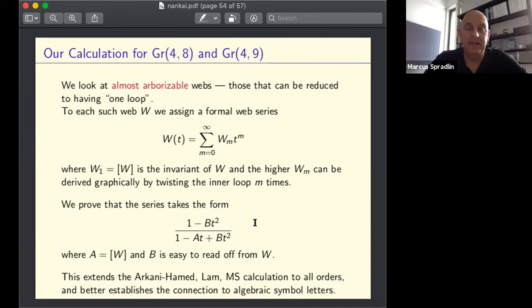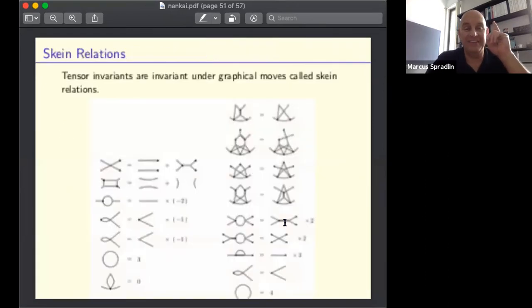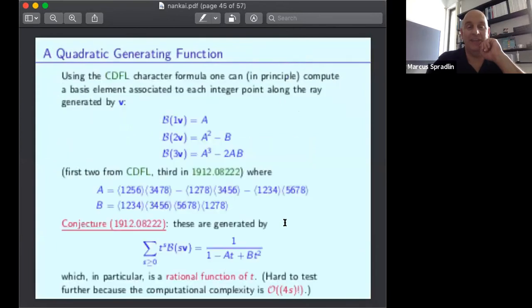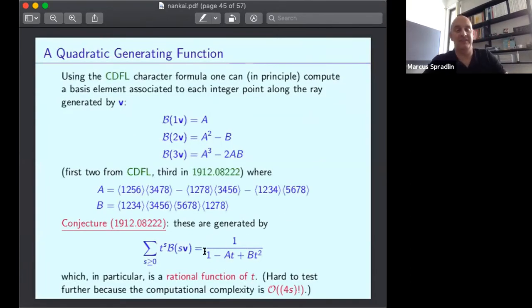Now, the nice thing about this construction is that we were able to prove, using the Skein relations, recursively, that for the power series associated to such a web, you can write an exact expression, and here it is: 1 minus bt squared over 1 minus at plus bt squared, where a and b are exactly the same a and b that appear in this power series.